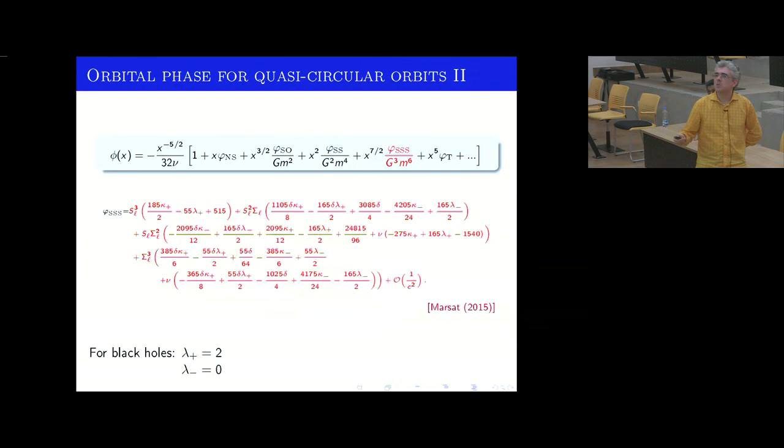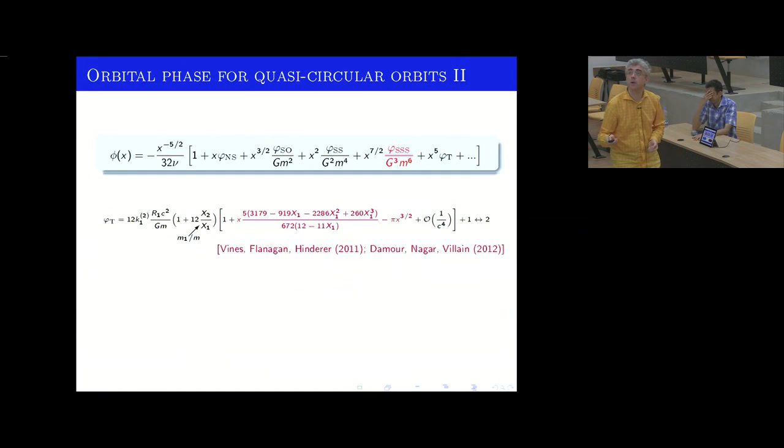So even this cubic contribution to the phase is known with similar deformability parameters here. When I say deformability, I mean that the object gets an octupole because of the spin. So it's an induced octupole, and the same for the quadrupole. The octupole corresponds to spin cube effect, quadrupole to spin square effect.